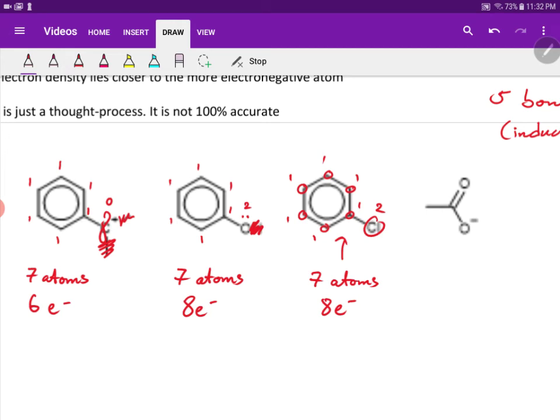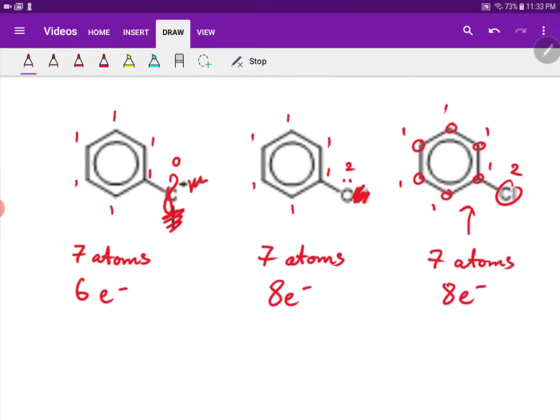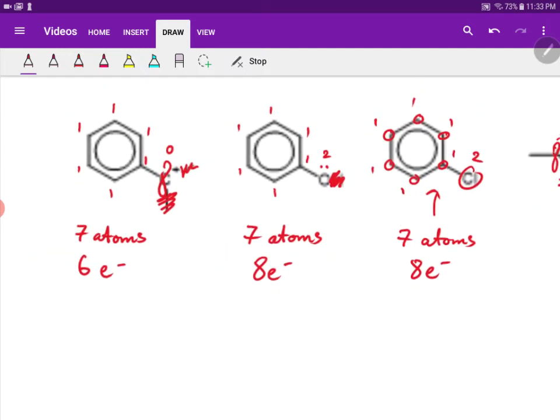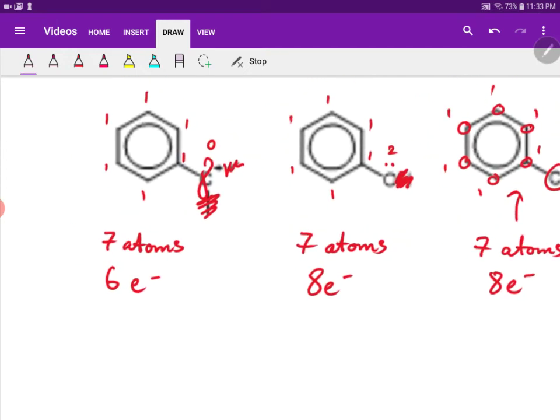In our last example, we have one here, and 2 here. This is a lone pair of electrons, this is the p orbital, this is the p orbital. One electron gives us the pi bond. For the last example, I'm not going to talk too much about the number of atoms and the charges, but I hope that in the first two examples you're able to see the idea.